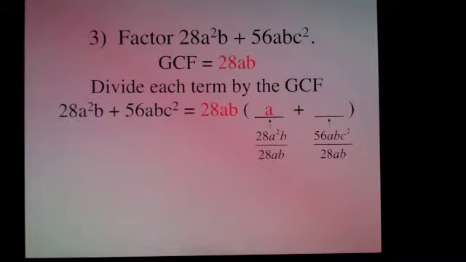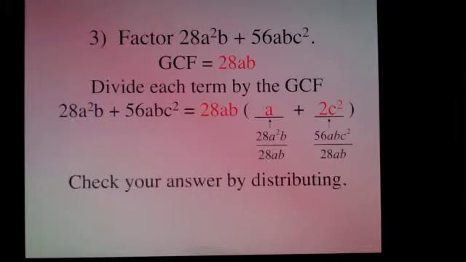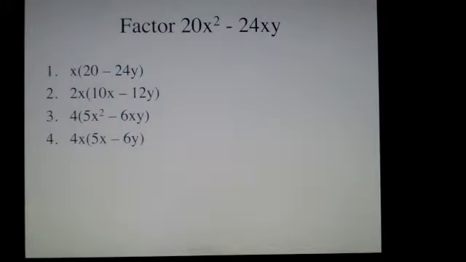And when we divide 56abc squared by 28ab, we end up with 2c squared. Now check your answer by distributing. And we get 28ab times a plus 2c squared, and we get the correct answer.